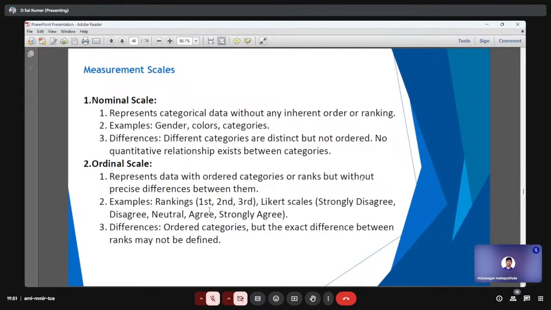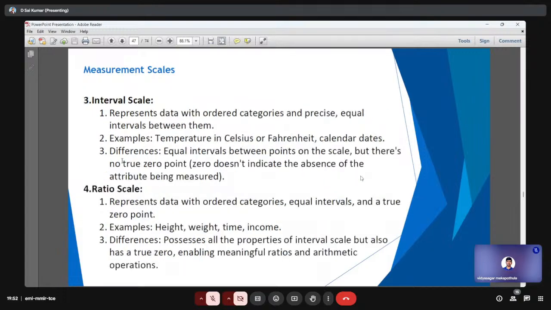The input need not be a crisp value; it generally uses fuzzy kinds of values. That is with respect to ordinal scale. Then the interval scale uses a range of values. Only within that specified range will the variable take input. For example, the temperature in Celsius or Fahrenheit, and calendar dates come under the interval scale.